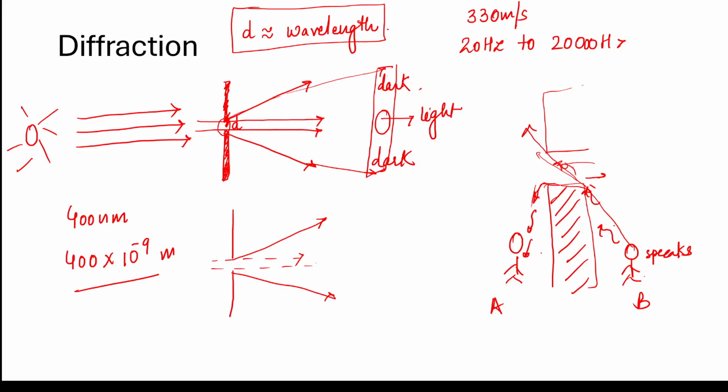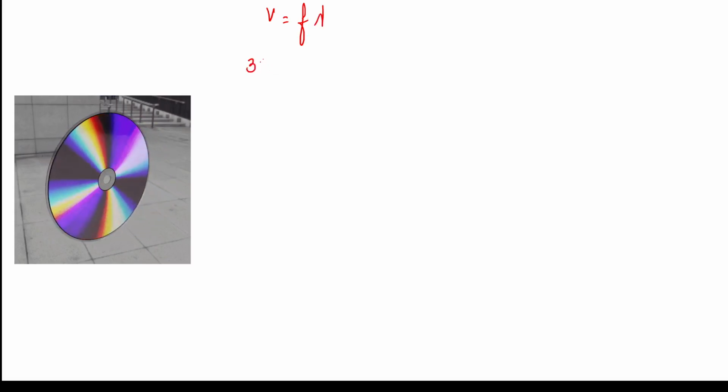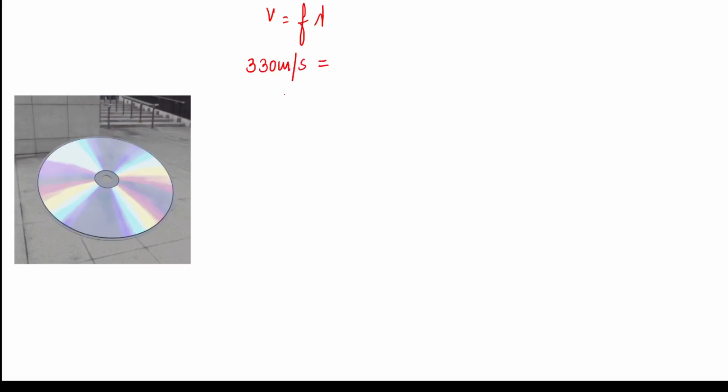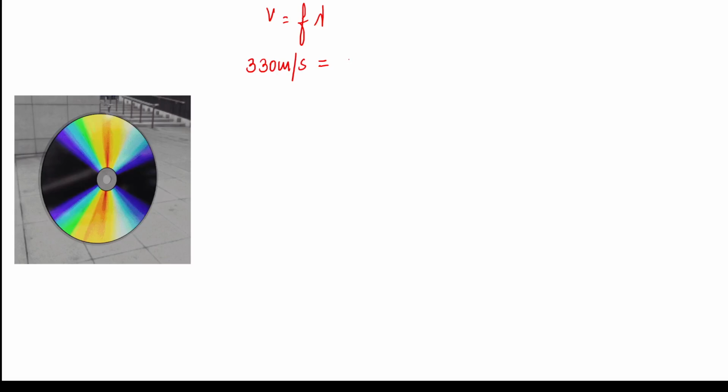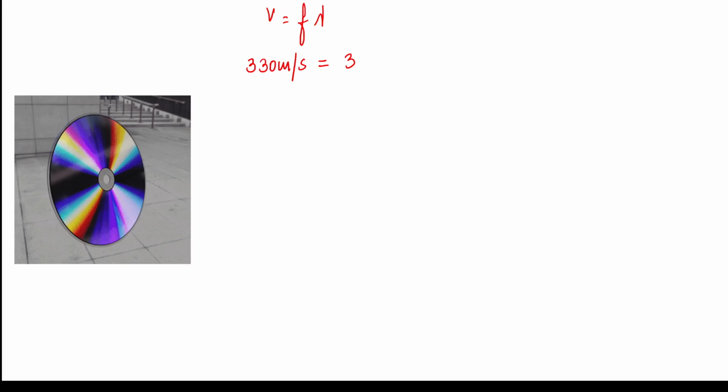Using v = fλ, the velocity is approximately 330 meters per second, though the speed of sound changes with temperature and humidity.